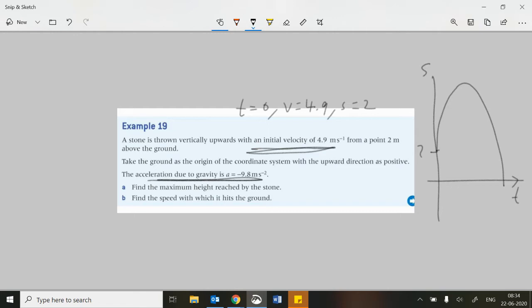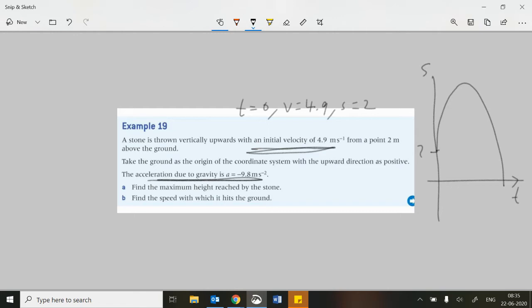The velocity is changing by minus 9.8 meters per second every second. That is to say, if I threw up a stone at the speed of 9.8 meters per second, then after a second, it would have 0 velocity, because 9.8 meters per second would be taking off that velocity that I'm throwing the stone up with.